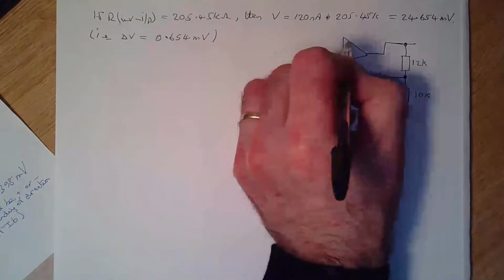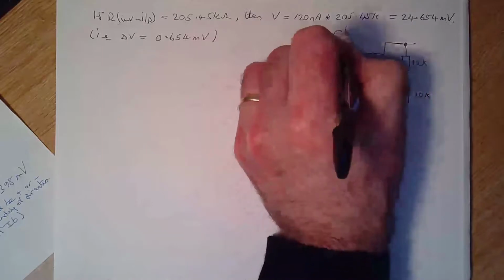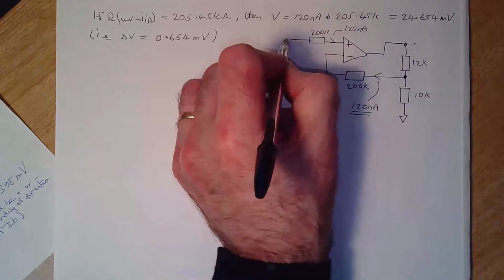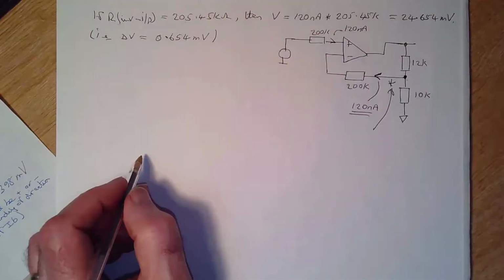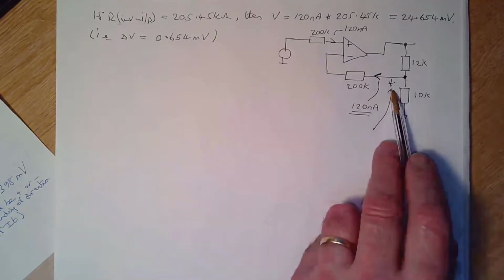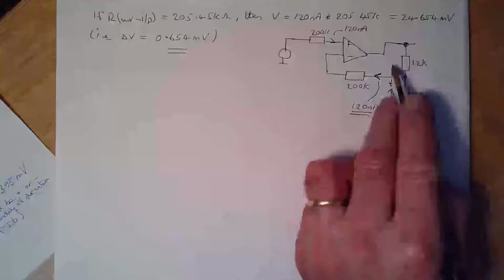And we've got a similar 120 nanoamps in that direction from the source. The effect at this node must equal our 0.654 millivolts, which can only be generated from the output of the amplifier.